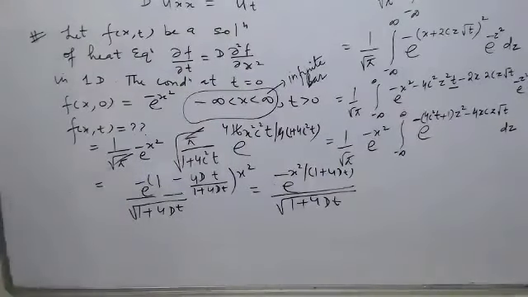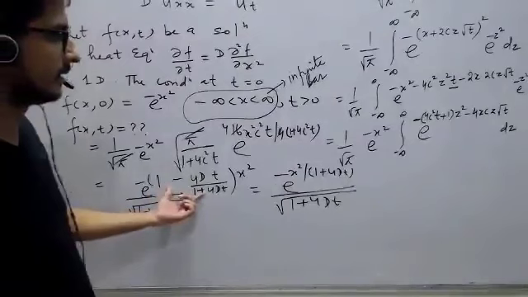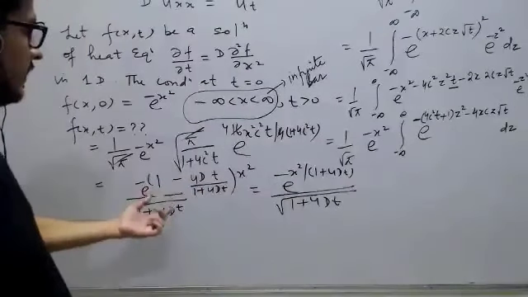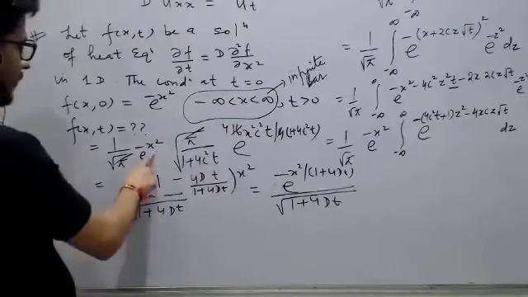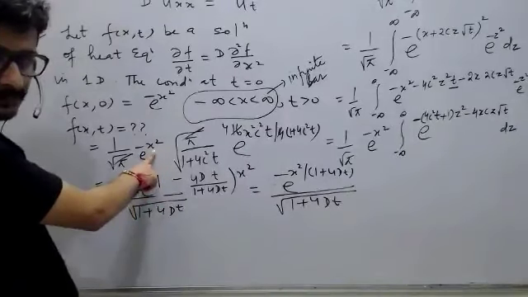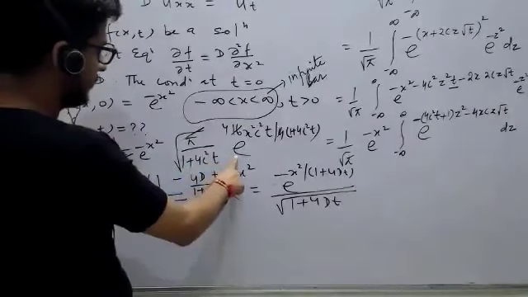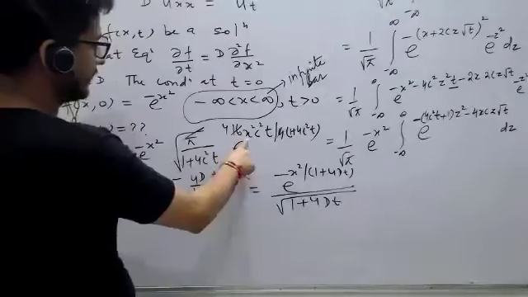Let us stop here. And if anyone wants to ask something, tell me. Sir, once explain how we have written 1 minus 4ct, sir. Yes, sir. You see, e to the power minus x square is there, and here also e to the power 4c square t x square is there.